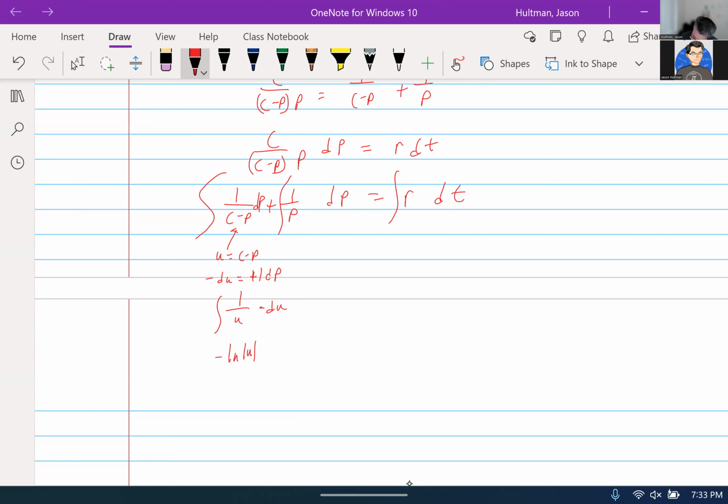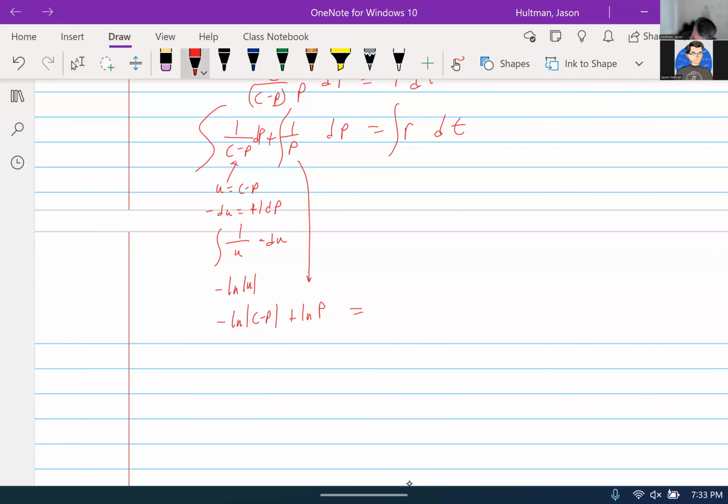But what was u? It was c minus p. So this is negative natural log of c minus p. And then plus, what's the integral of 1 over p? The integral of 1 over p is just natural log of p. I could have a plus c here, but I'm going to toss that to the other side eventually. So this is the natural log of p minus the natural log of c minus p.